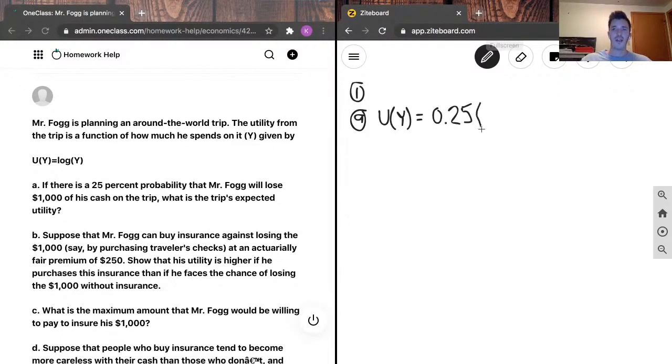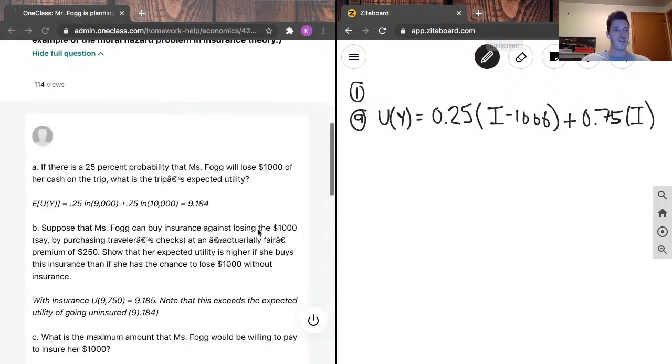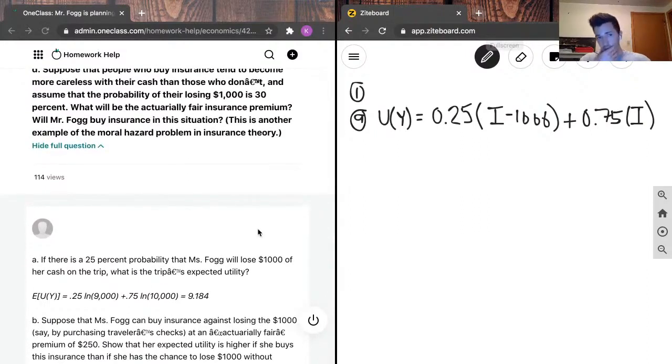There's a 25% chance that you'll have to do the trip with income minus 1,000, and a 75% chance that he won't lose any money and will just be able to do the trip as he normally would. And our junior tutor said, A, if there's a 25% probability that Mr. Fogg will lose $1,000 of cash on the trip, the trip's expected utility.